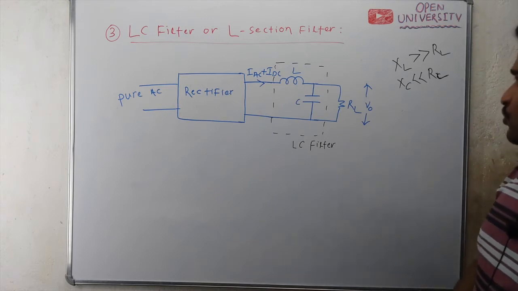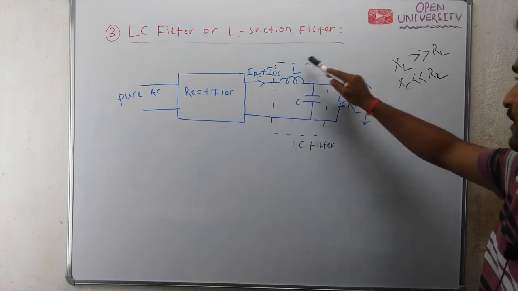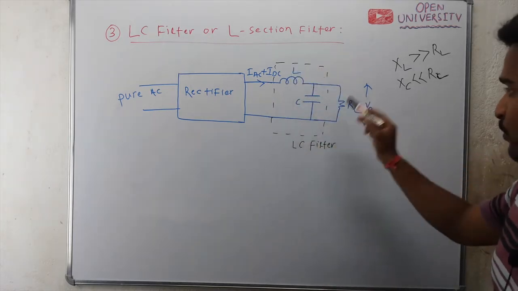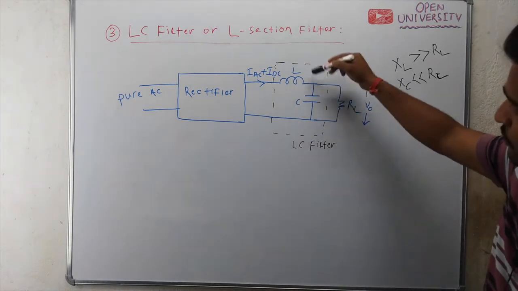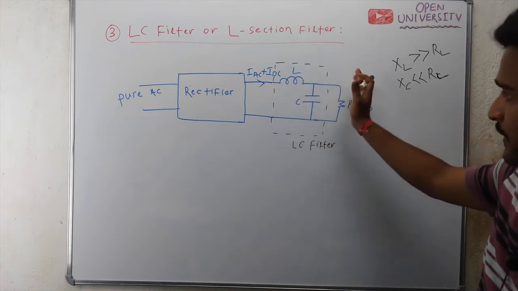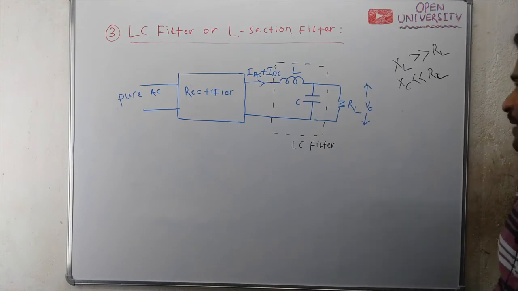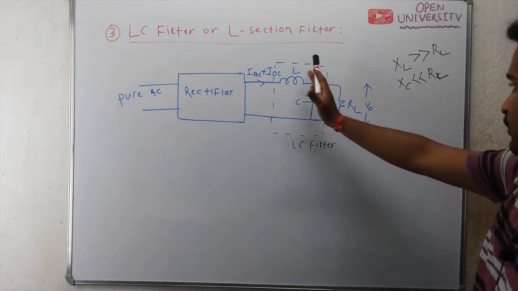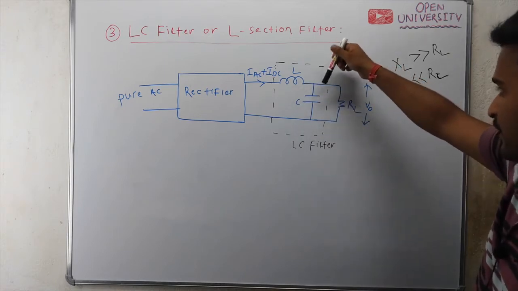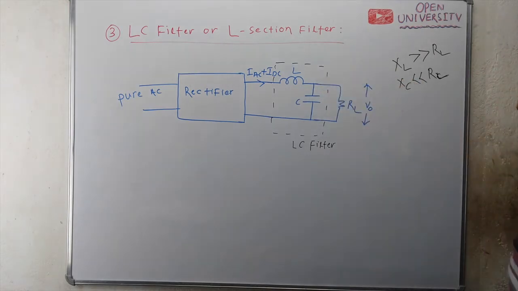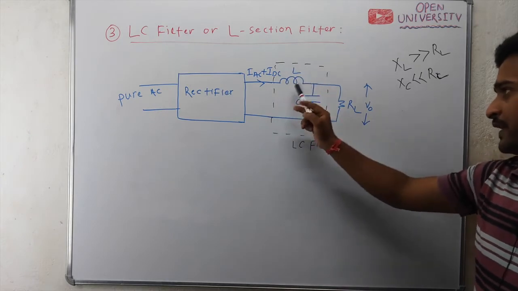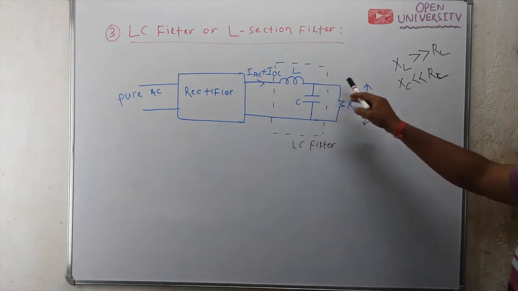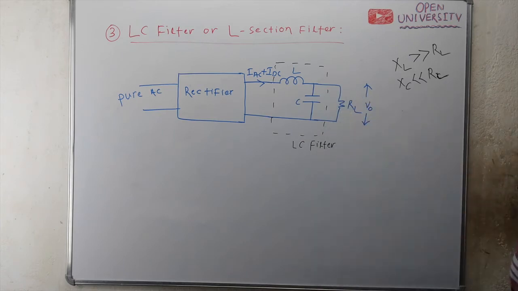Since the reactance of the inductor is very large compared to RL, most of the AC component will drop across the inductor, and the remaining AC component will pass through the capacitor because the reactance of the capacitor is very small. So a very negligible amount of AC component will pass through the RL.